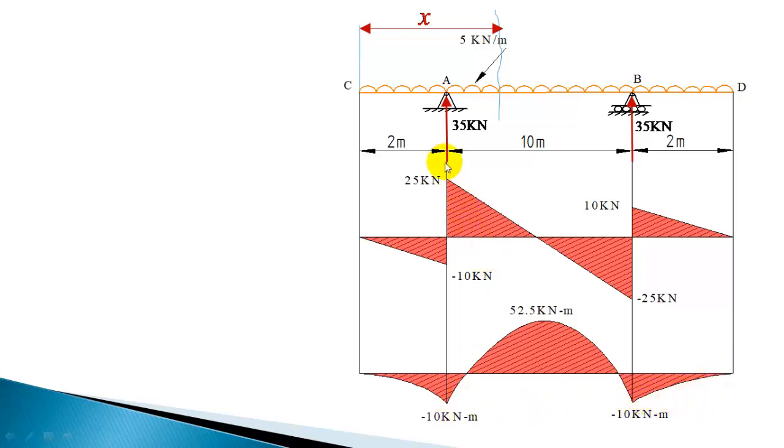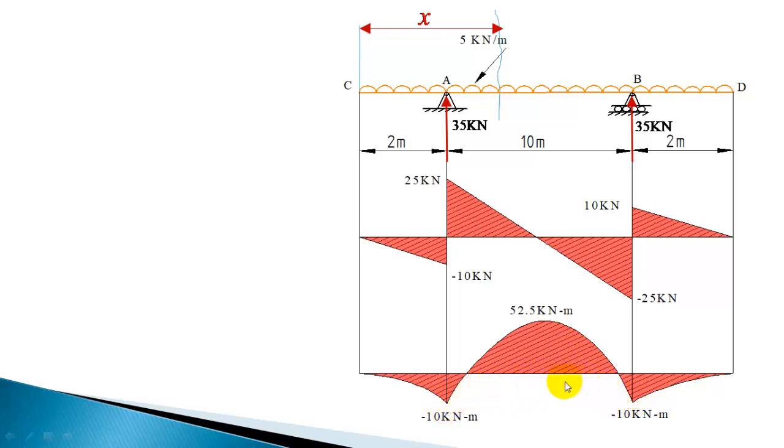And in this portion again UDL is acting and shear force is varying linearly, so bending moment variation is going to be parabolic. But while plotting this parabolic variation, you don't know how this goes. So minus 10 to minus 10, you cannot draw a straight line. This variation is a parabolic variation, so you can plot it like this.